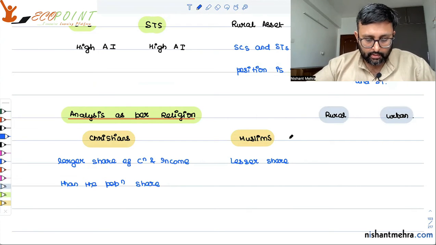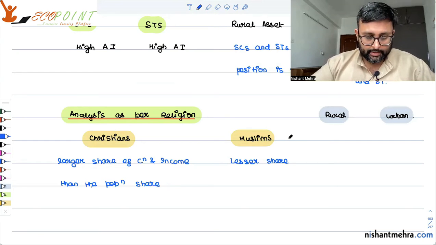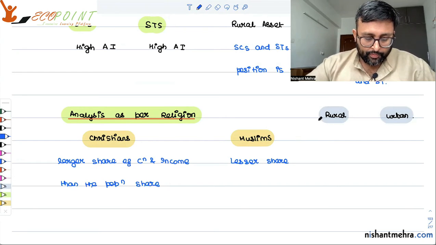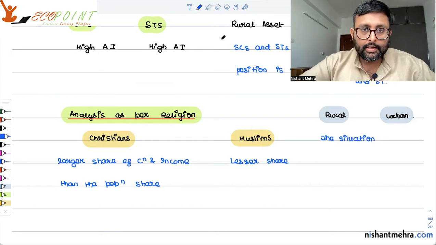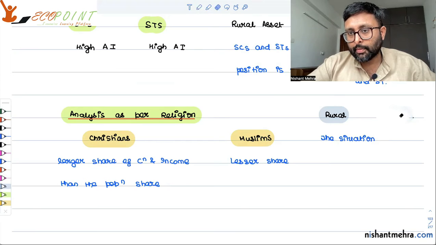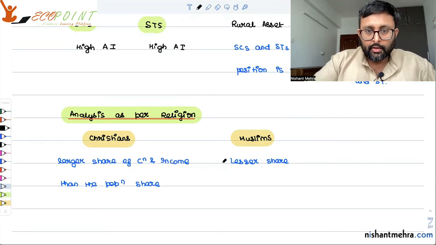This is what they are saying. SC and ST households in urban areas, right? So the situation, I can't actually write urban here. So this is about Muslims only. But this is a different point I want to make.